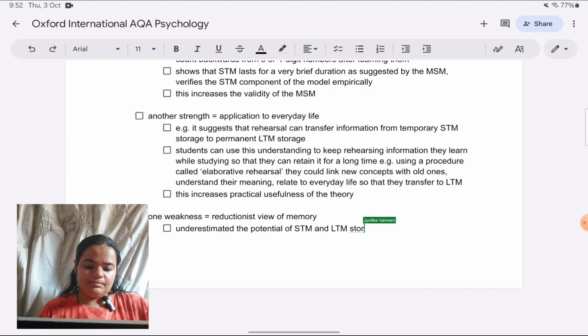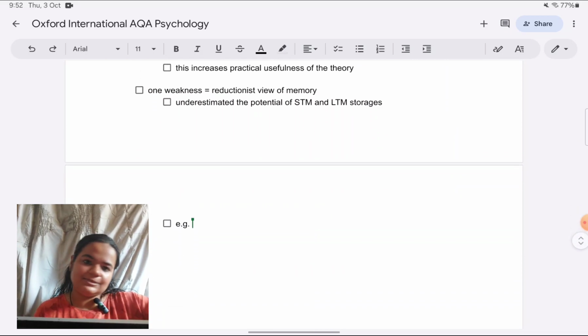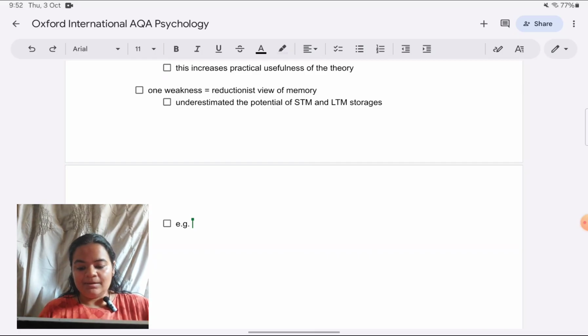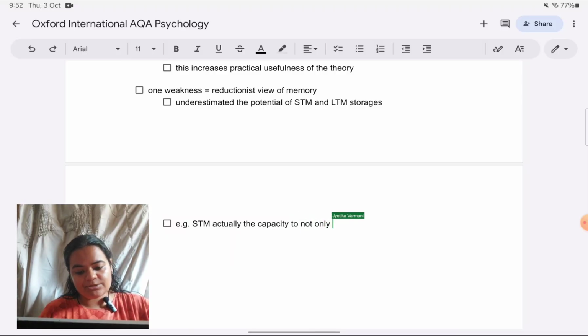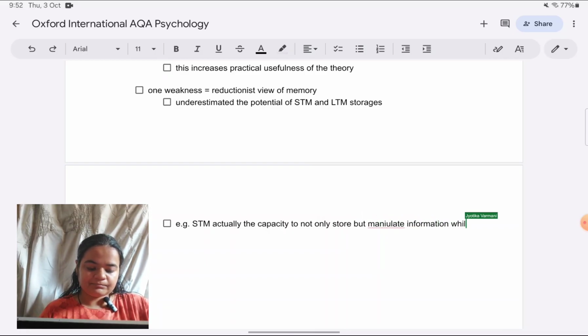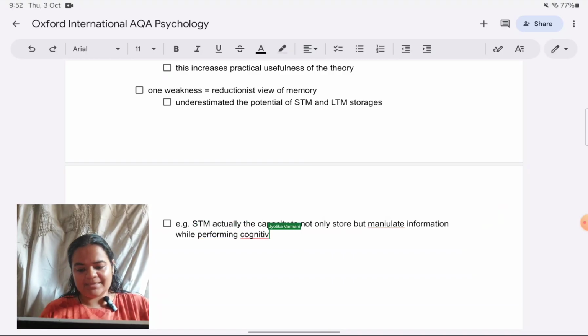For example, in LTM we saw there are types of long-term memories which have been discovered. That is not discussed in this model. But right now I would like to take the example of STM. STM actually has the capacity to not only store but manipulate information while performing cognitive tasks, as demonstrated by Baddeley and Hitch.